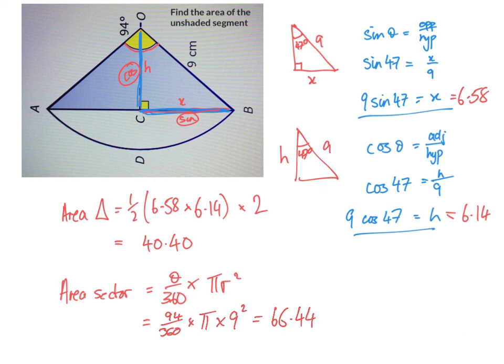So finally, the segment area, which is this bit down here, is simply 66.44, the total area, minus the area of the triangle, 40.4.